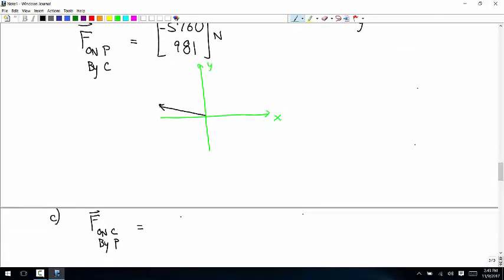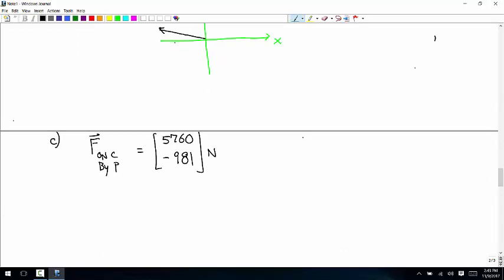So we have a positive x component of 5760 and a negative y component of negative 981. And that's just in the opposite direction of this one, so it's going something like that.